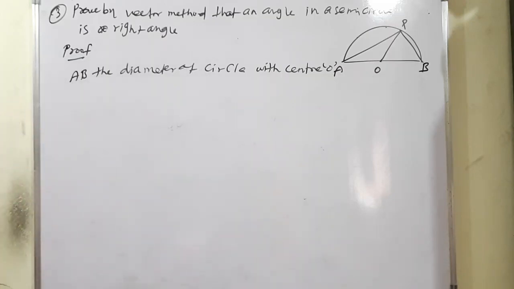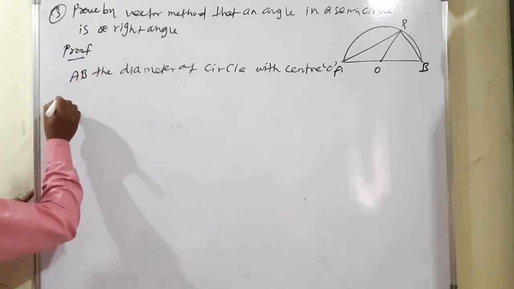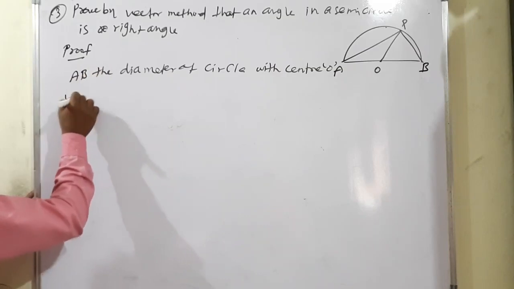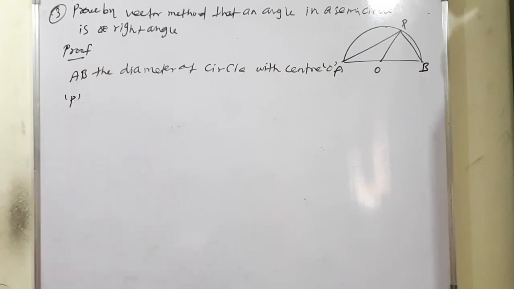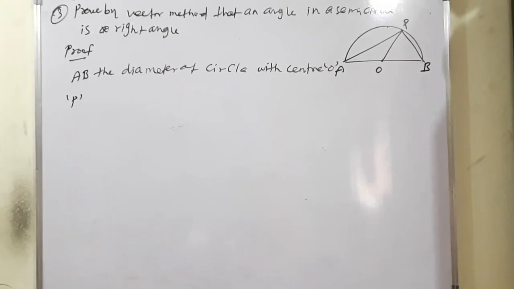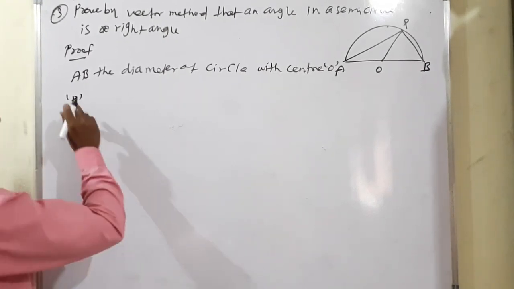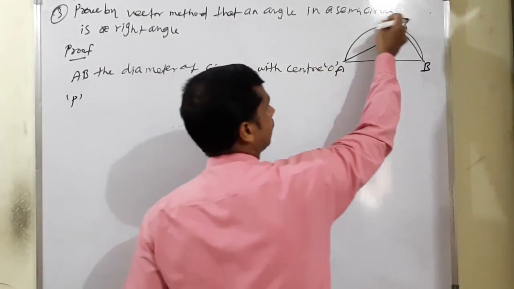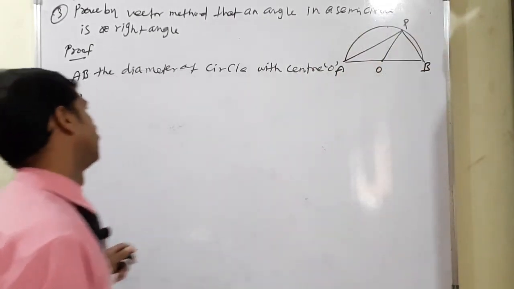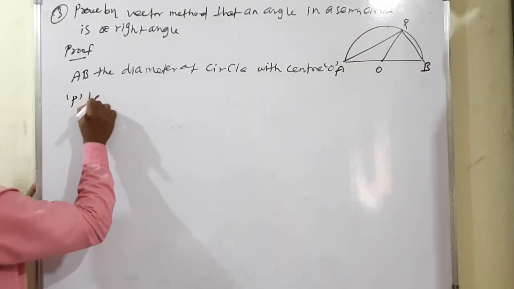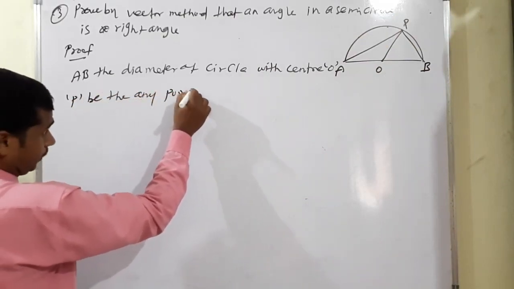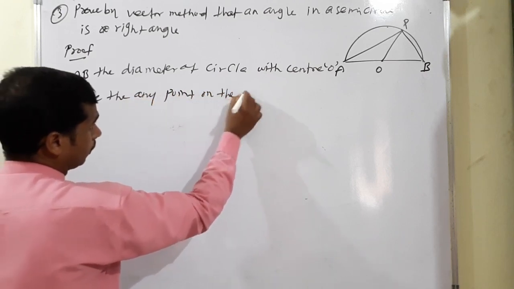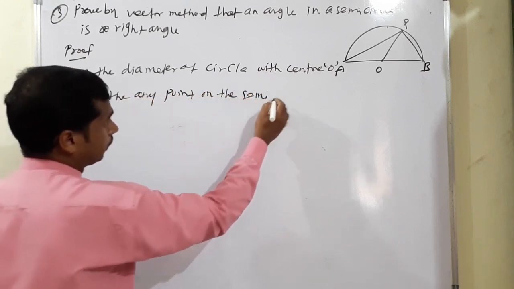Then the second one, P be any point on the semicircle, isn't it?